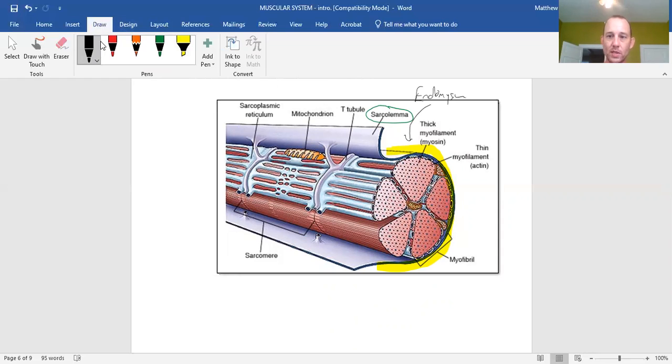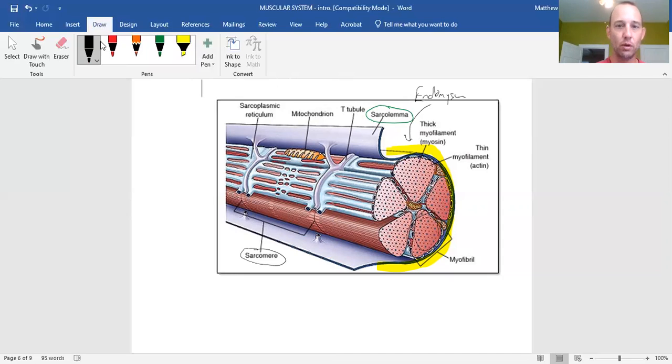And remember, we said your muscle fiber is a collection of myofibrils. So now we have the myofibrils. Each one of these is a myofibril. And remember, I said your myofibrils are a collection of myofilaments. This then gets us to being able to visualize a sarcomere and the contractile units.